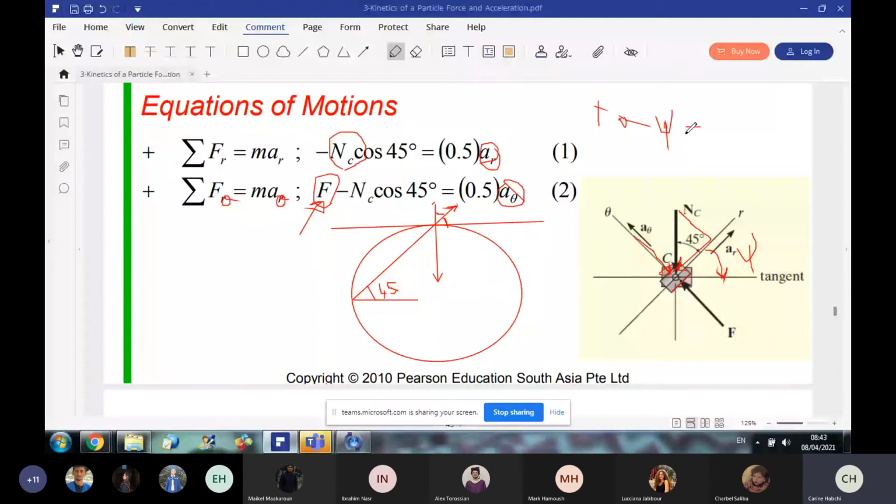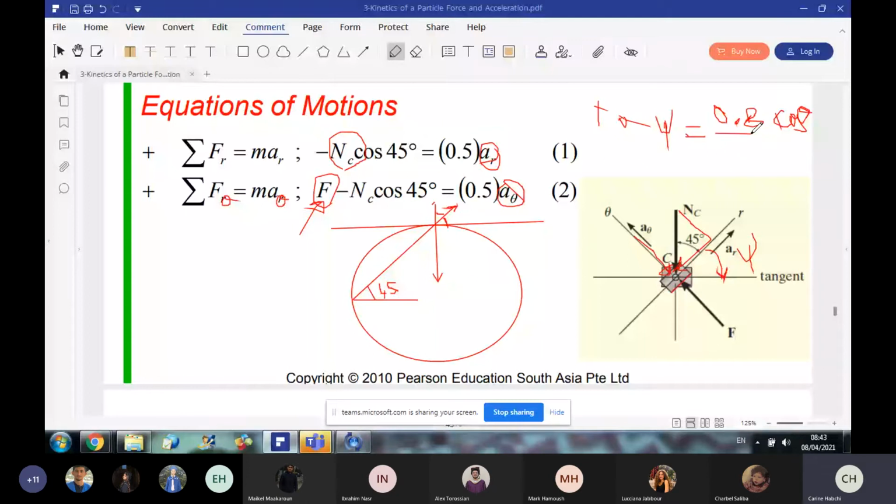What is r? r is 0.8 cosine theta. So I replace r by 0.8 cosine theta. And what is dr by d theta? You know that tangent psi is r over dr by d theta. r is 0.8 cosine theta, while dr by d theta is the derivative of r with respect to theta.